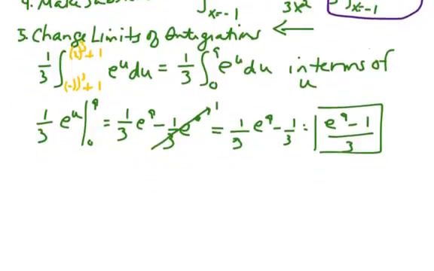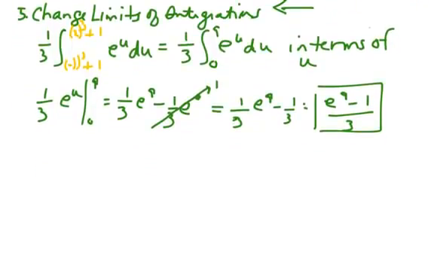So here's another approach. The other approach is to actually back substitute for u and then evaluate it. So taking the antiderivative, you got e to the u.